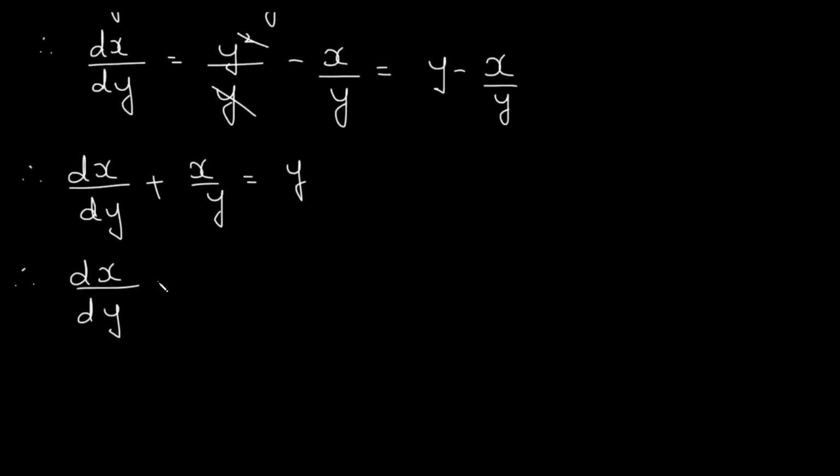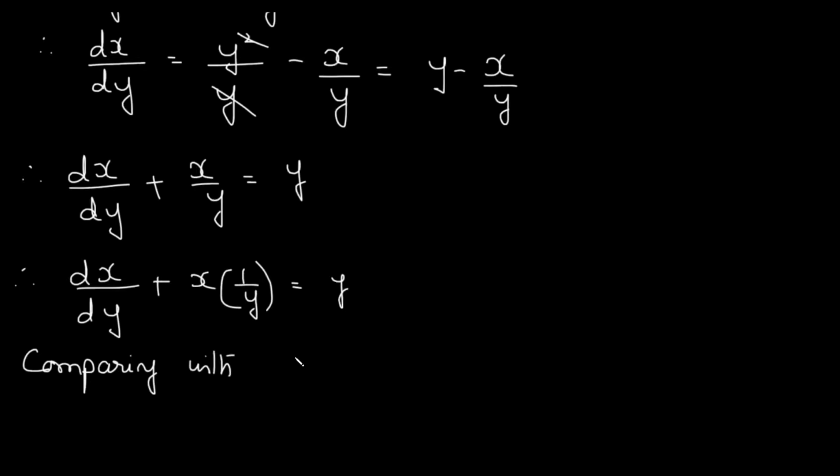See, dx upon dy plus x into 1 upon y is equal to y. Now comparing it with dx upon dy plus px is equal to q, we get the value of p and q.